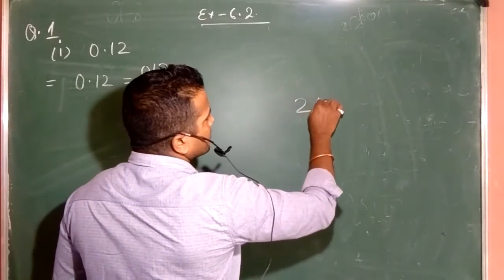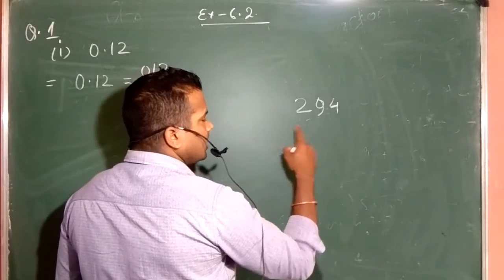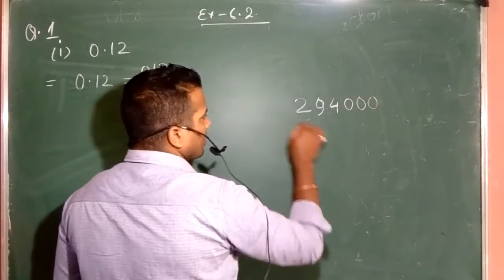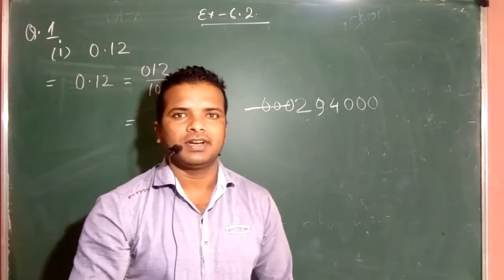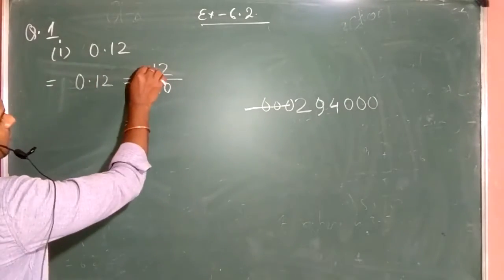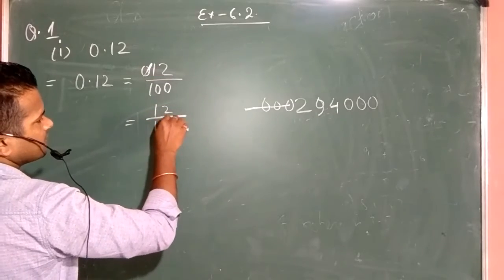If the zeros are after a number like 2, 29, 4, the value is increasing. But if the 0 is before the number, it is of no use. That's why this 0 is no use. So we have 12 by 100.